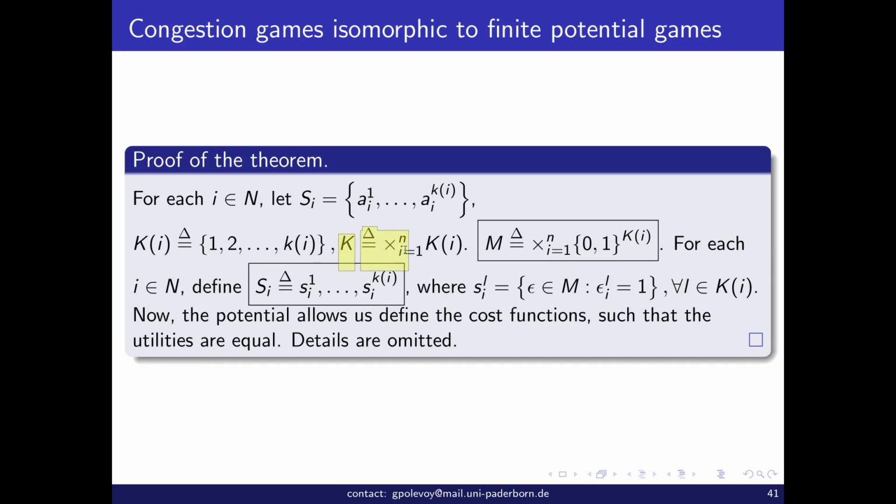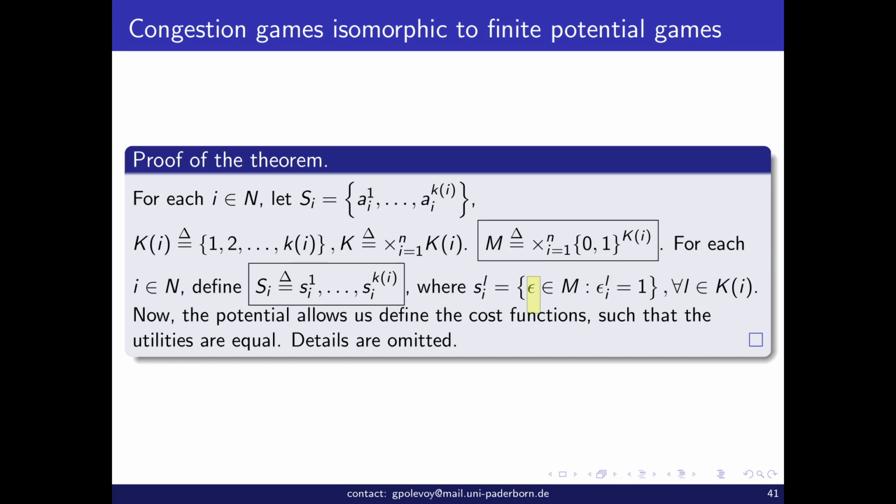We denoted the product. Okay, now then we define the set of facilities as all those matrices of zeros, ones. That's what I showed you in the illustration. And for each player, we define the strategies such that the l-th strategy of player i is all those elements of M, because a strategy says which elements of M it includes. A strategy is a set of facilities in a congestion game, such that epsilon_il is 1.